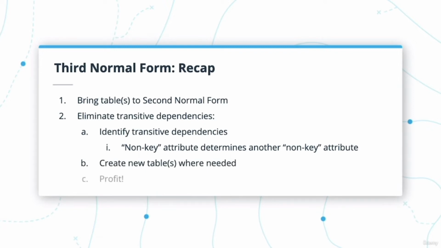And this will bring us to third normal form, where we will have no repetitions and where we will have the data in the most efficient way for our relational database to be able to process it.